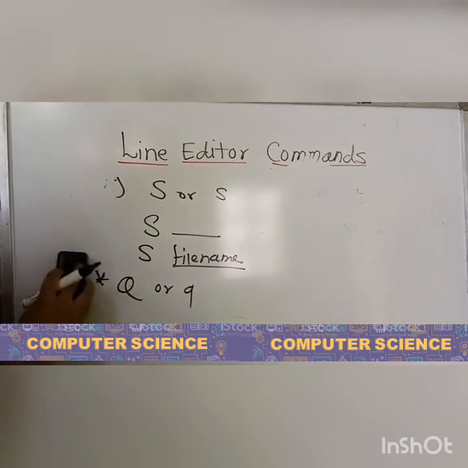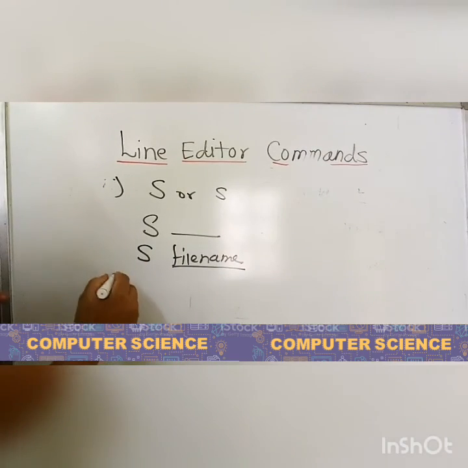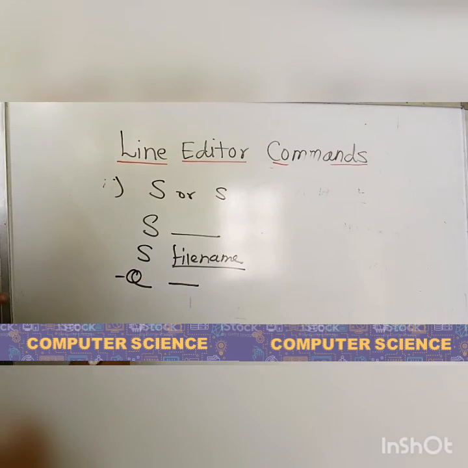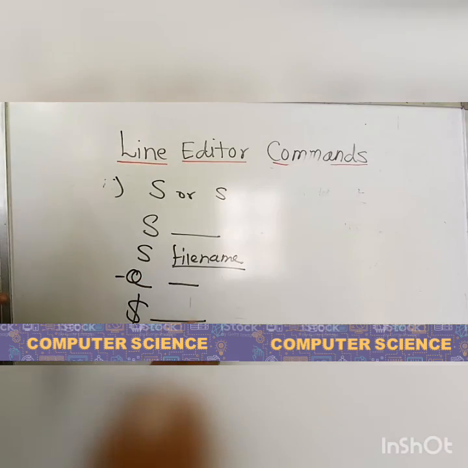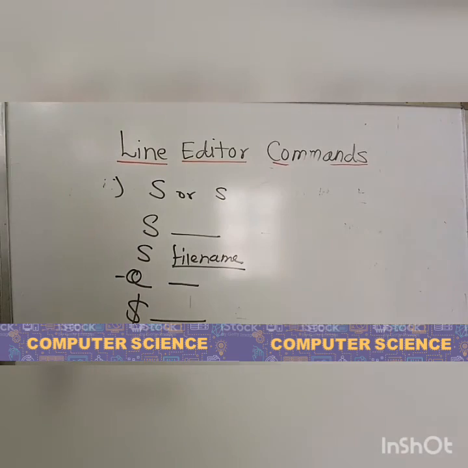If we execute this, it will stop the execution of our line editor and give us a new prompt to display the next commands. These are the different commands used for line editing functions.